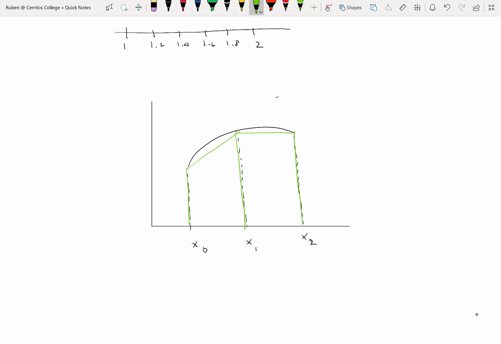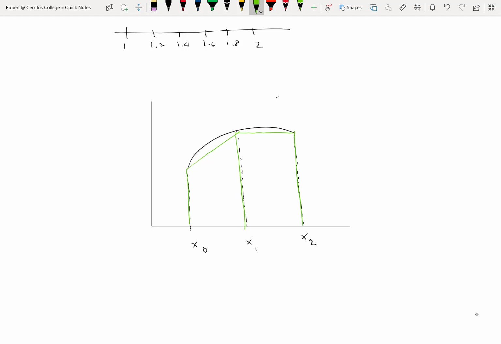A line requires 2 points to find the equation of the line. A parabola requires 3 data points, 3 points to fit a parabola. So, in order to use parabolas to estimate the area underneath the curve, we're going to need 3 points at a time.